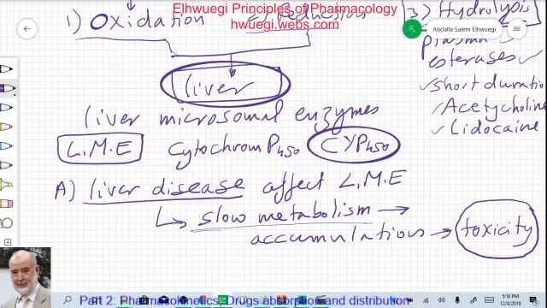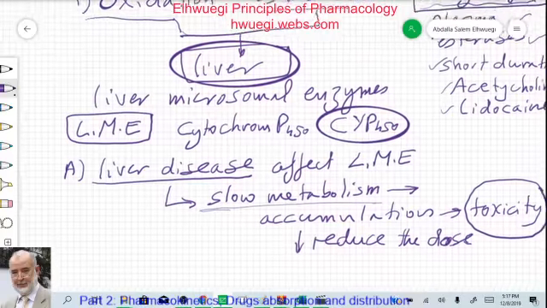So in this case, what do we have to do? We have to reduce the dose. If, for example, a drug is metabolized by liver microsomal enzyme and we want to give it to somebody suffering from liver cirrhosis, we have to reduce the dose to make sure that the drug does not produce toxic effect. Okay?